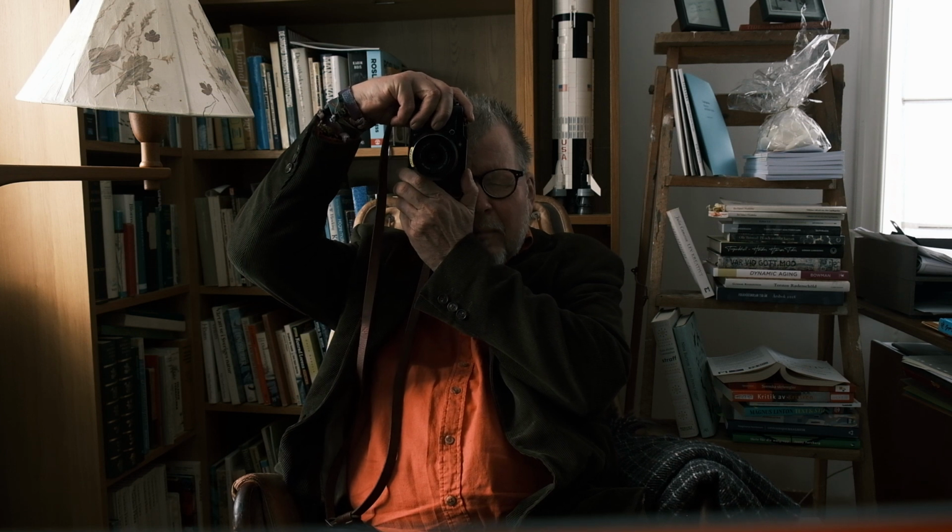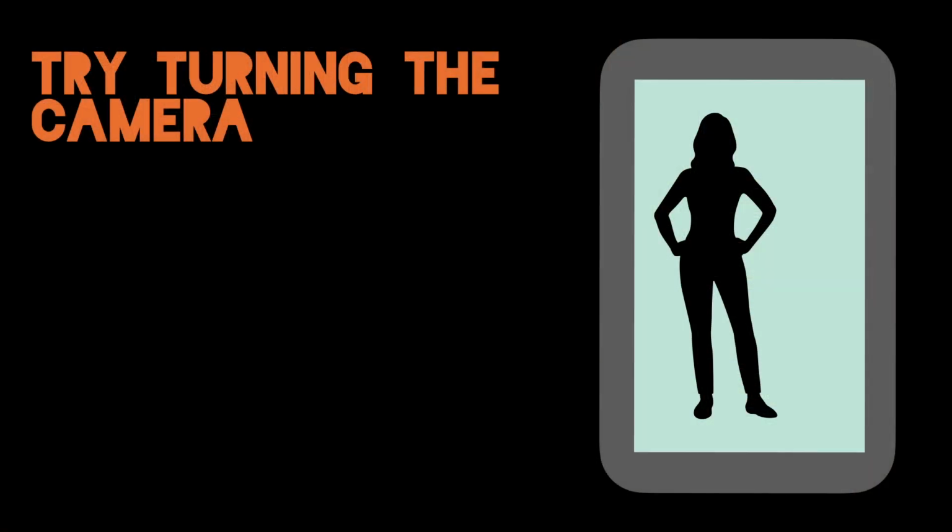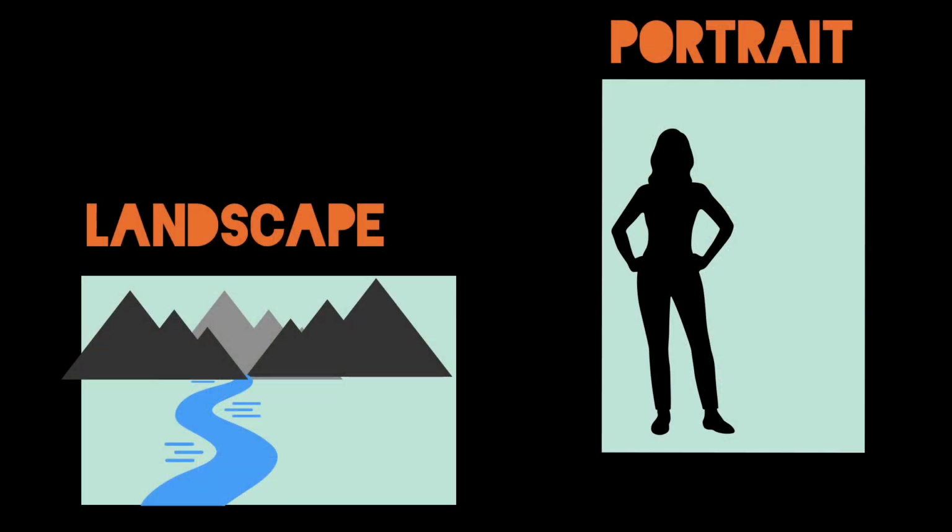Try turning your camera. We sometimes call the standing format portrait, and the format lying down we call landscape. But of course, you can shoot landscapes this way, and you can shoot portraits this way.